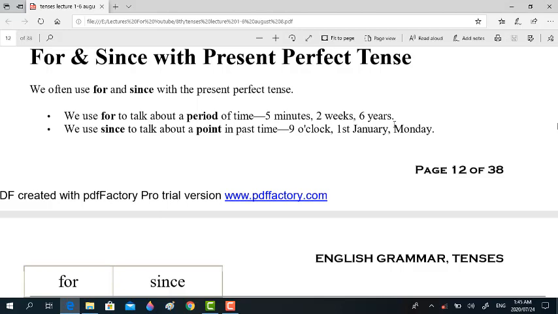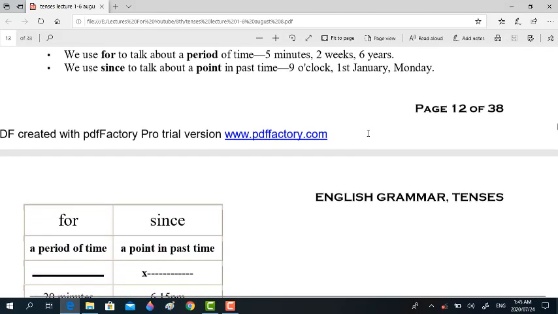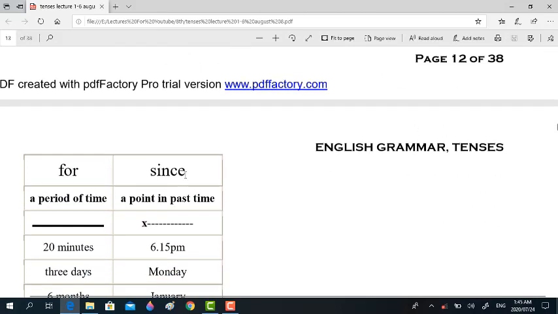We use since to talk about a point in the past: 9 o'clock, 1st January, Monday, etc. For a period of time, since a point of time. This is really very important. Whenever you have a point of time in the past, you can calculate the exact time when the action has begun.